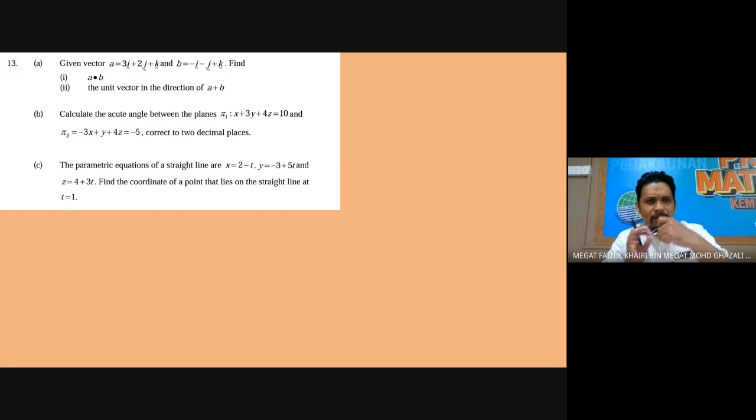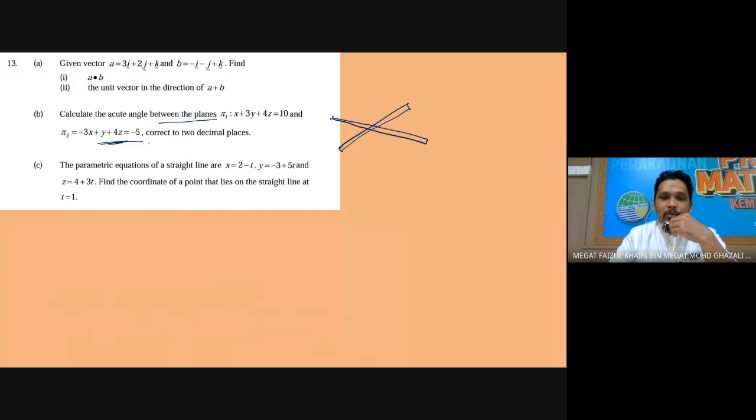Okay, question B, acute angle between the plane and the plane. Plane and the plane, so again, plane 1 and plane 2. So every plane has its own normal, n1 and n2.